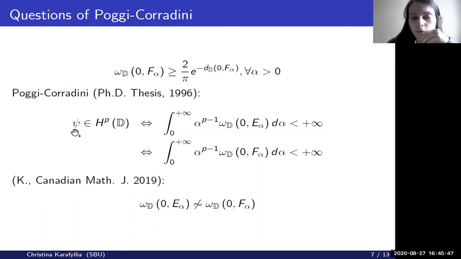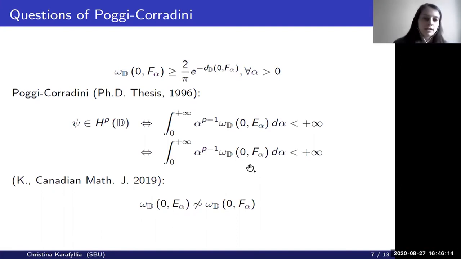And he also proved that the conformal mapping psi belongs to some space HP if and only if this integral is finite. And this integral contains the harmonic measure of E alpha, the set that we defined previously. Or we can check this integral, where this time we have to estimate the harmonic measure of F alpha.